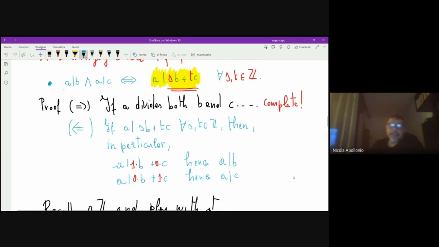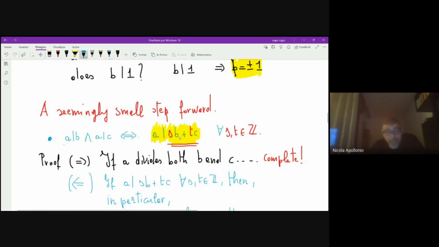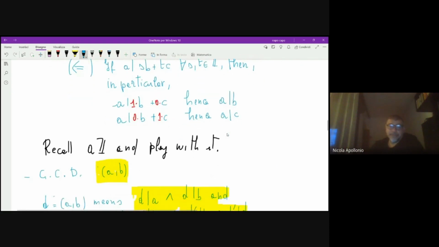This is not the way we will follow, but a common divisor of B and C is any number which divides any linear combination of B and C.